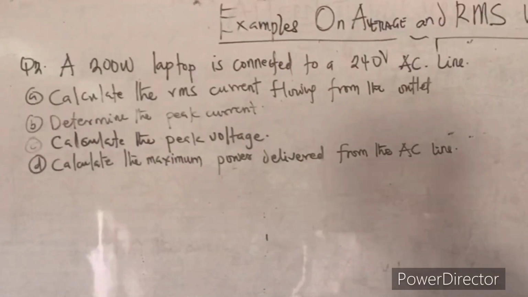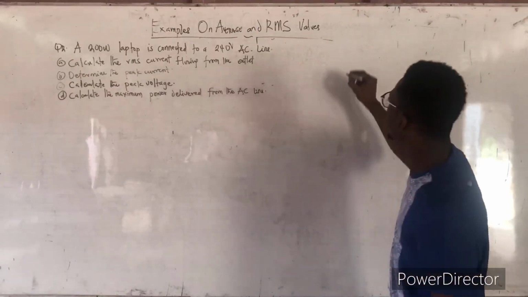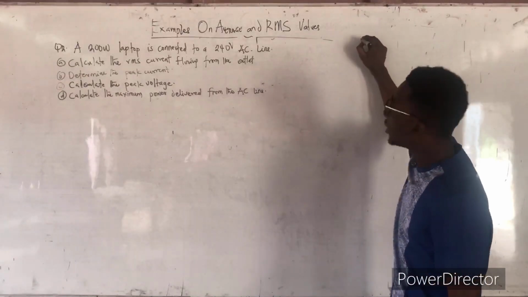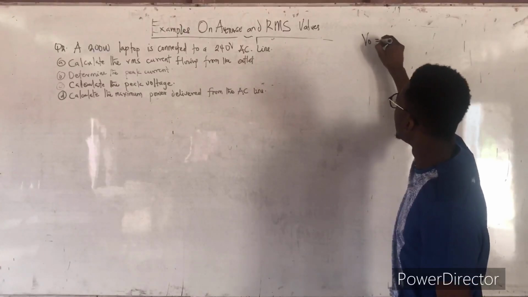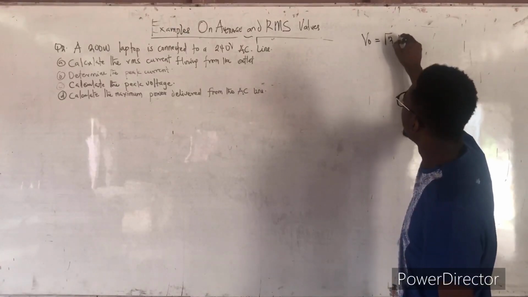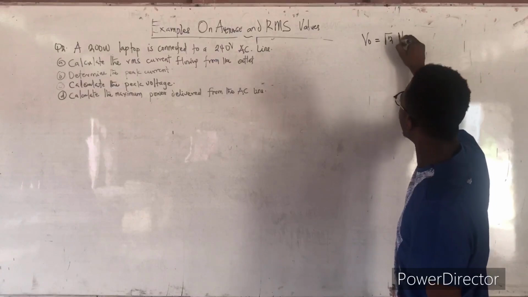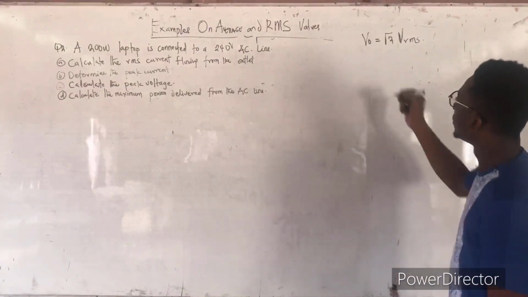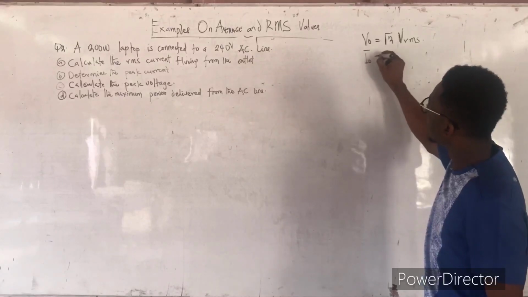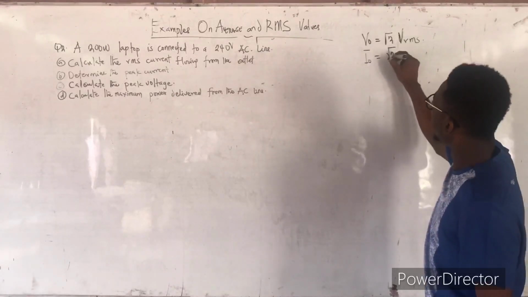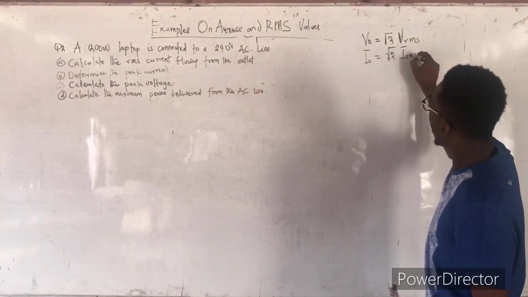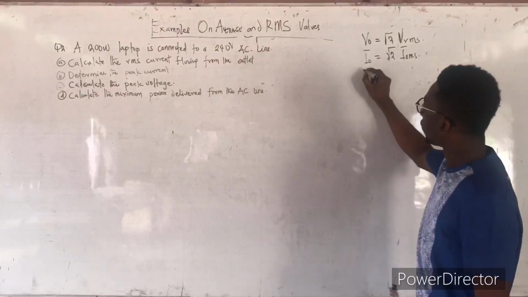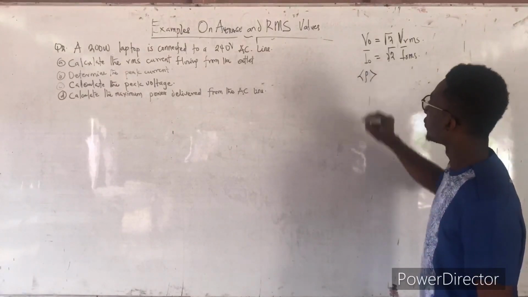Now, to solve this question very well, you have to understand one or two things. Anytime you want to find a peak voltage, it is root of 2 multiplying the VRMS. The same way, if you want to find a peak current, it is root of 2 multiplying the IRMS.